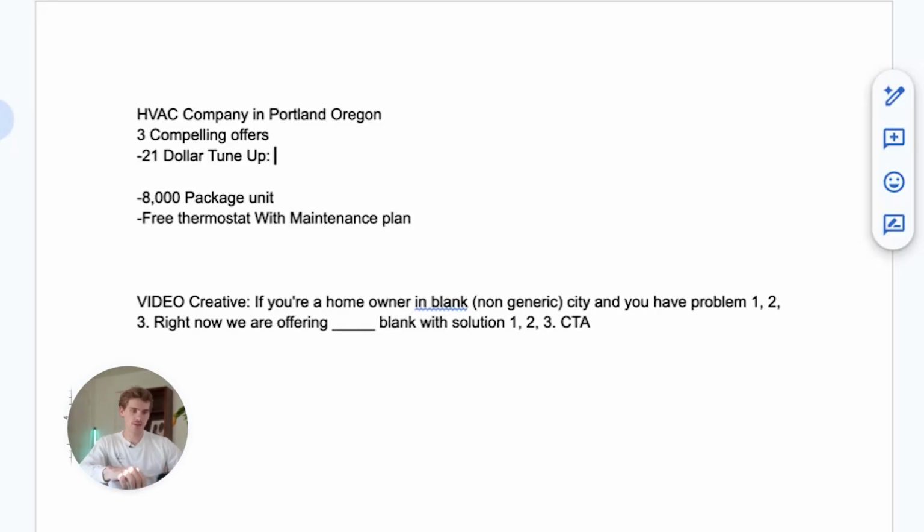We're going to start with, if you are a homeowner, and we could just say Portland, Oregon. That would work fine, but we kind of want to go above and beyond. I don't know if you've ever seen an ad where they call out one of those suburbs outside of one of the major cities.